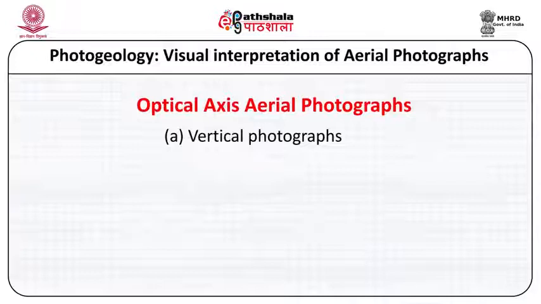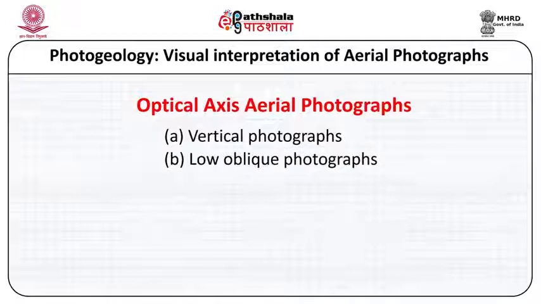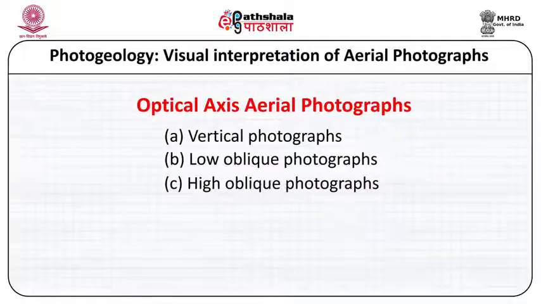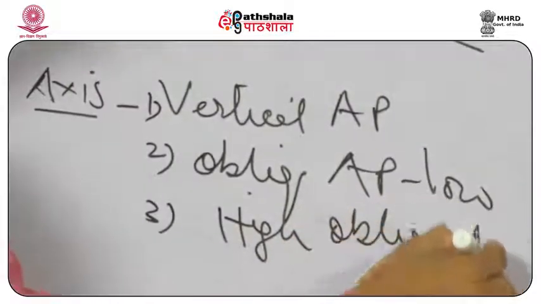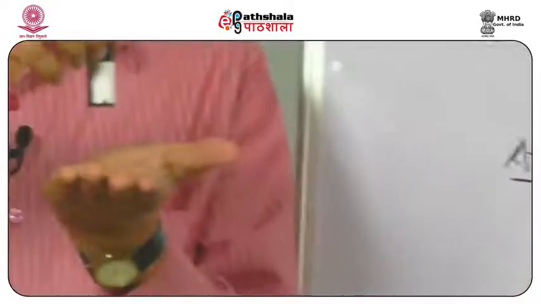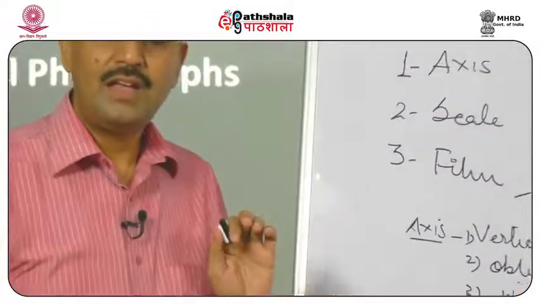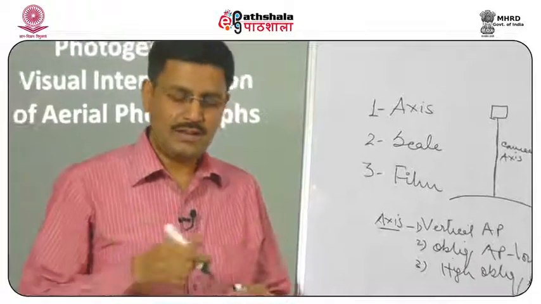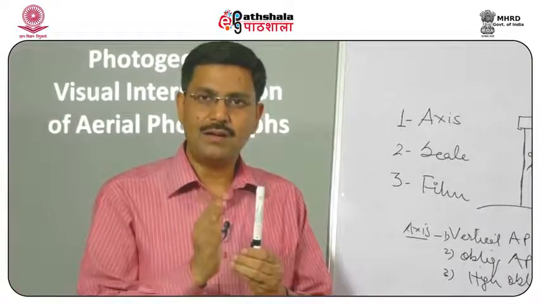Number two, oblique aerial photograph, which we call a low oblique photograph, and the third is high oblique aerial photograph. That means if the camera axis is perpendicular to the surface of the earth, we call it a vertical aerial photograph, but in spite of all due care, the camera axis gets tilted a little bit right or left.